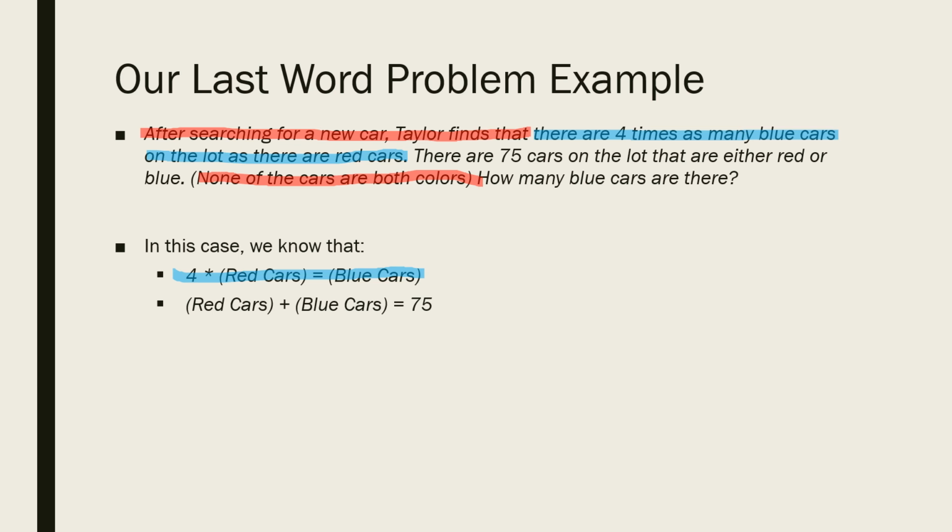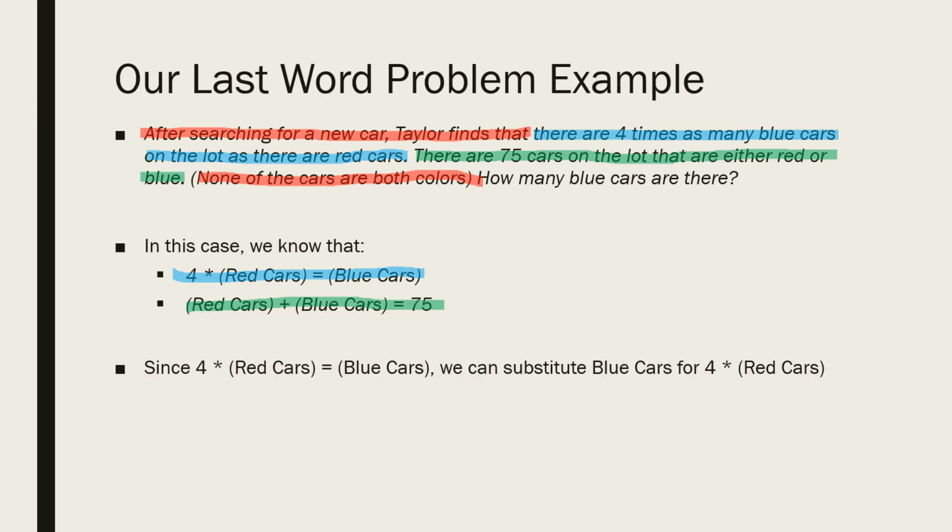So I'm going to pick a different color, green. And we know that this is here. Hopefully that's easy to see. But we know that 4 times the red cars equals the blue cars.